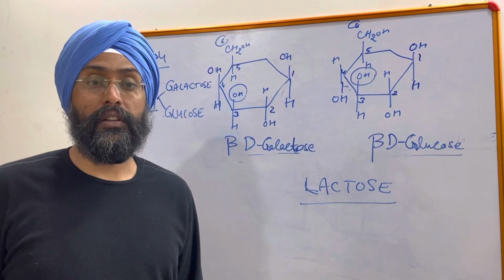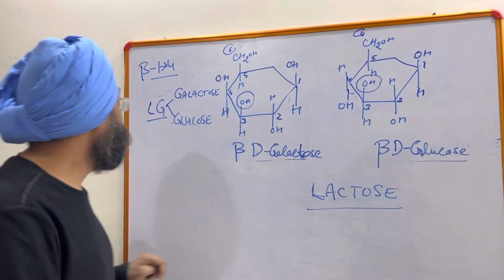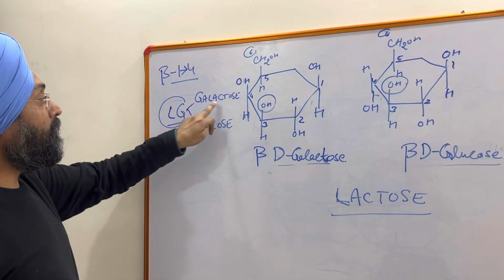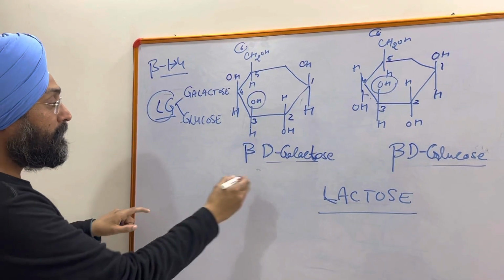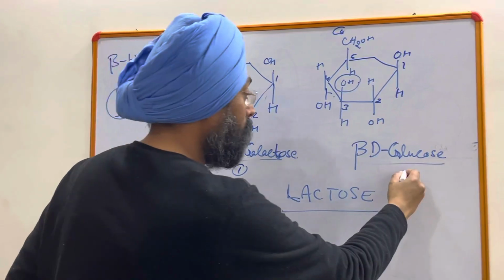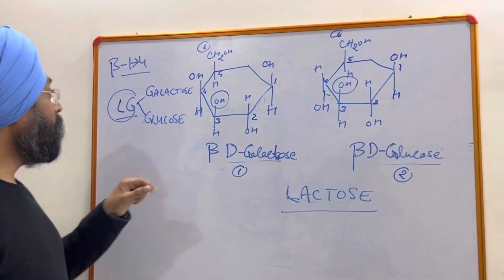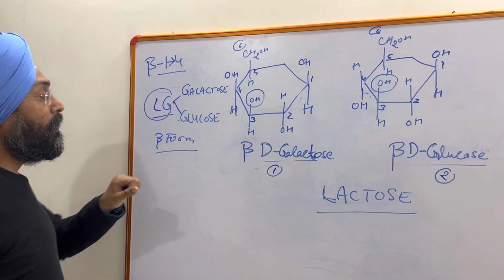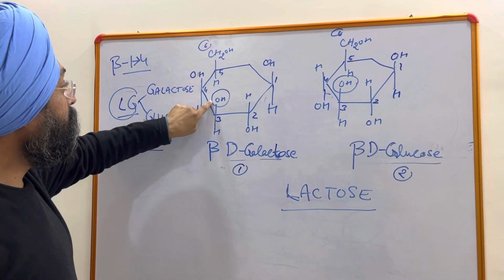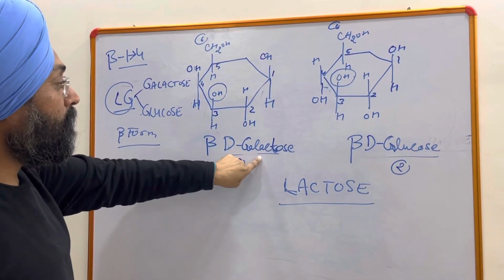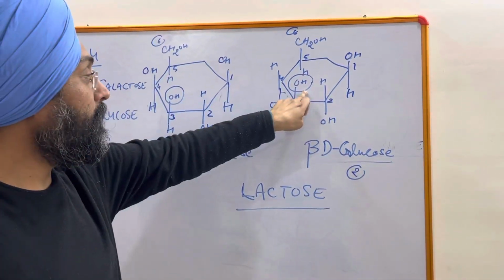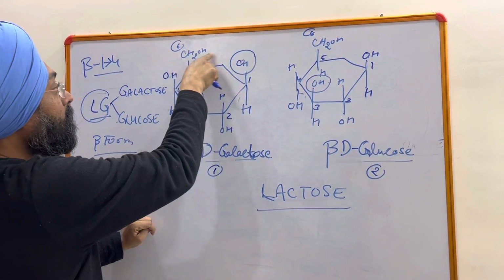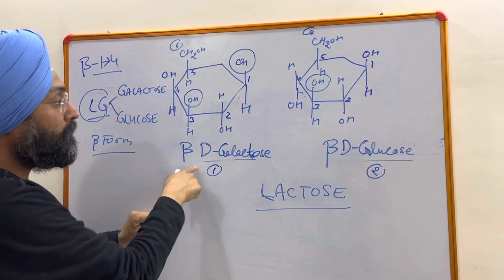Now we will start with structure of lactose. The code is Lg. L for lactose, G has two components, galactose and glucose. First component is galactose and second component is glucose. And remember one thing, both are in beta form. So this is the molecule of galactose, third carbon OH group and fourth carbon OH upside, so it is galactose. Glucose, third carbon OH group upside, so it is glucose. Both are in beta form. How? First carbon OH group and sixth carbon OH same side, so it is beta galactose.